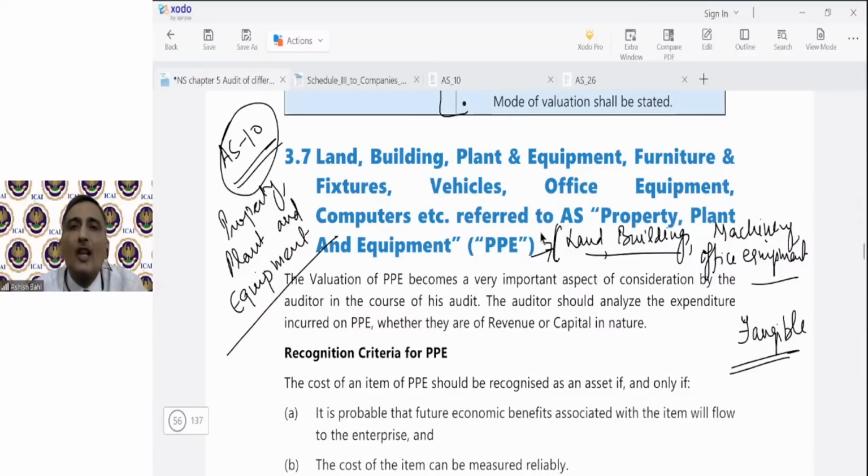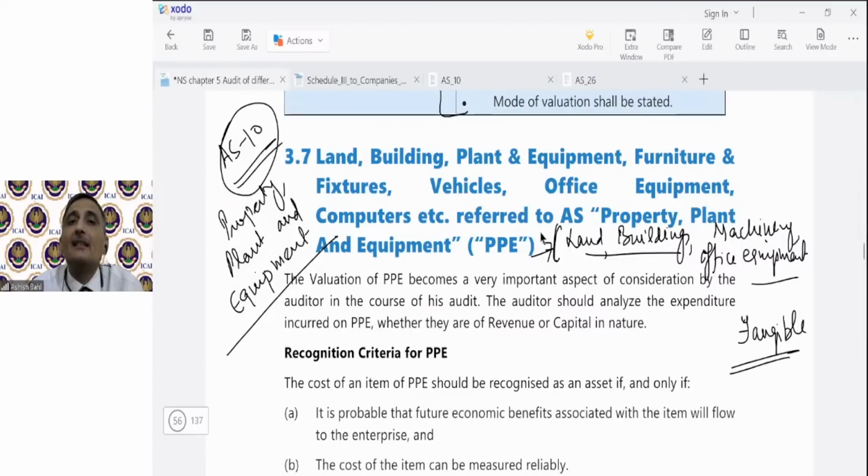Okay. So what are the distinguishing features of property, plant, and equipment? Number one, these are tangible items, physical items. Number two, these are held by the company, held for use in the production or supply of goods or services, or for administrative purposes, or for rental purposes.